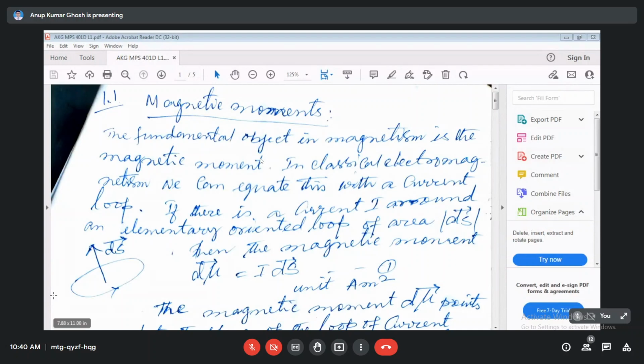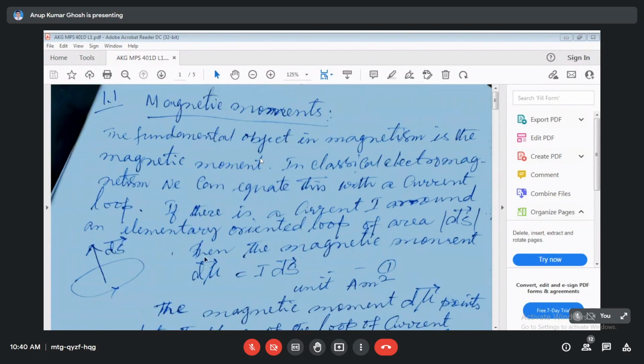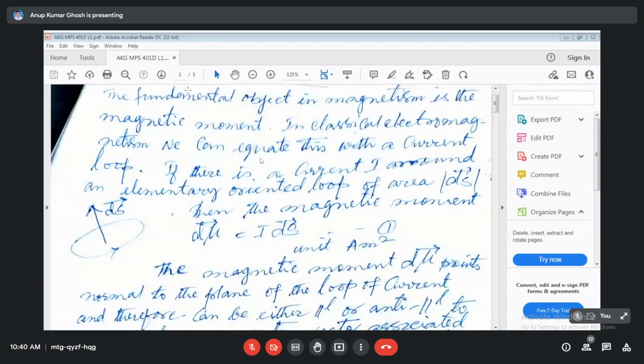If you have a closed loop, and the current is flowing in the anti-clockwise direction, then by the right hand thumb rule, the direction of the magnetic sheet or magnetic moment will be d mu.